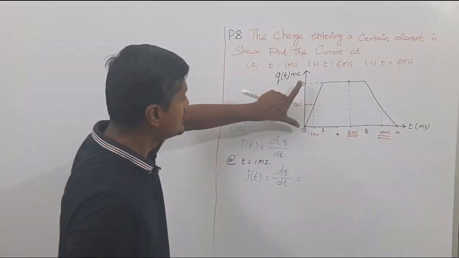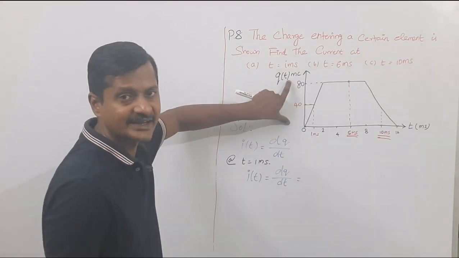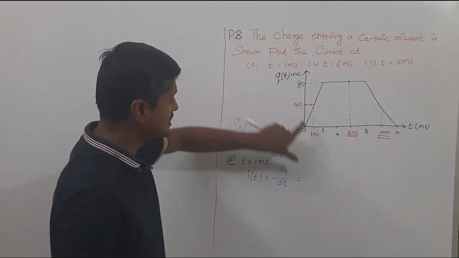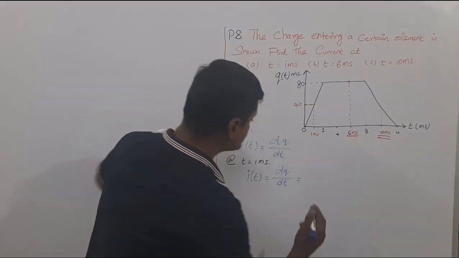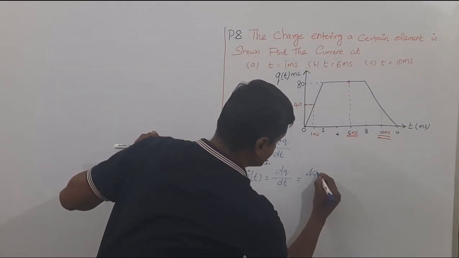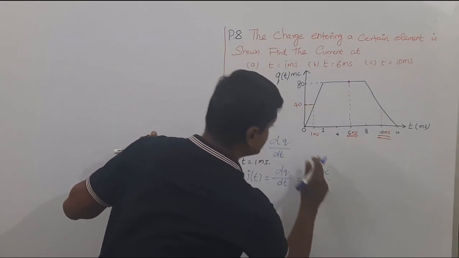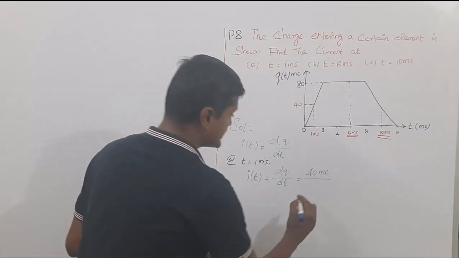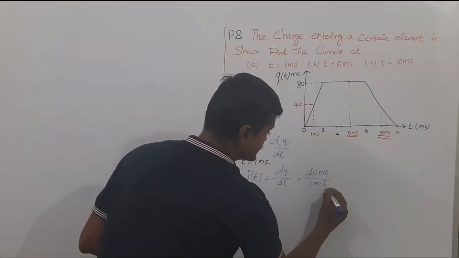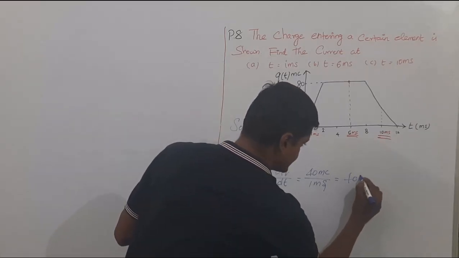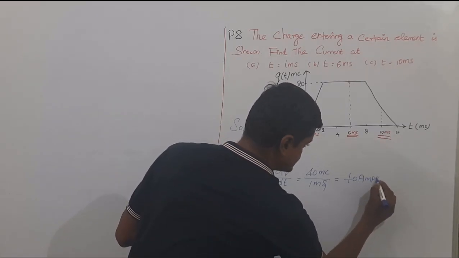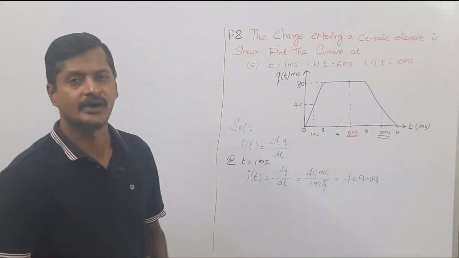This is a charge, so we are directly taking the charge value. So dq is 10 millicoulombs divided by the time, 1 millisecond. So the current is equal to 40 amps.